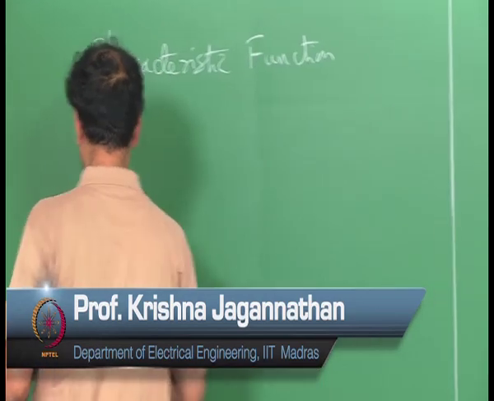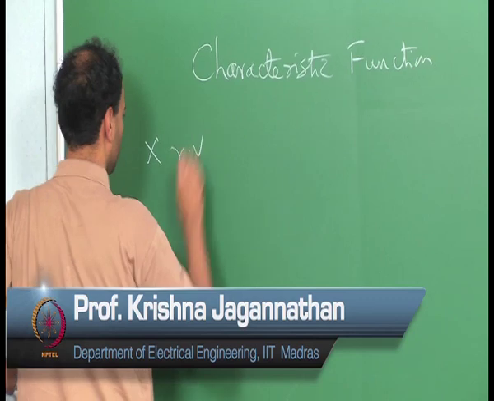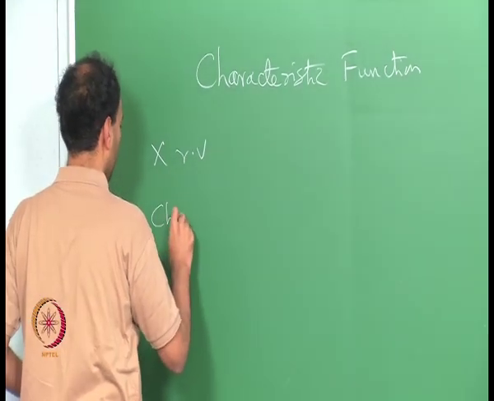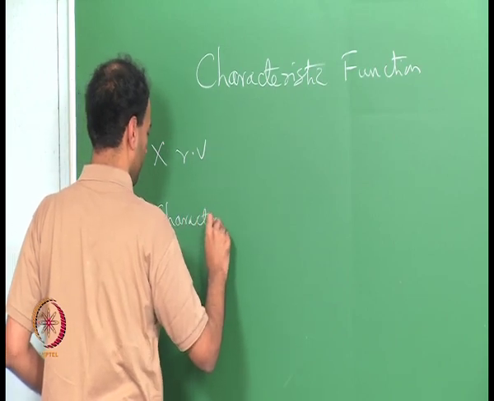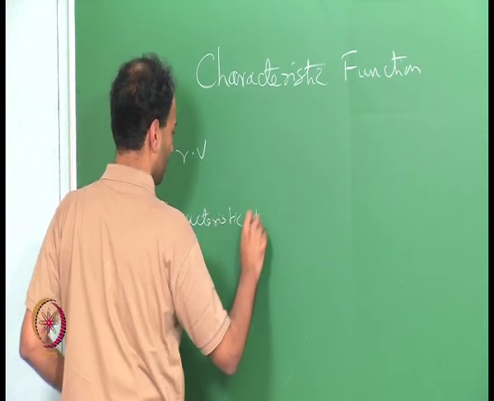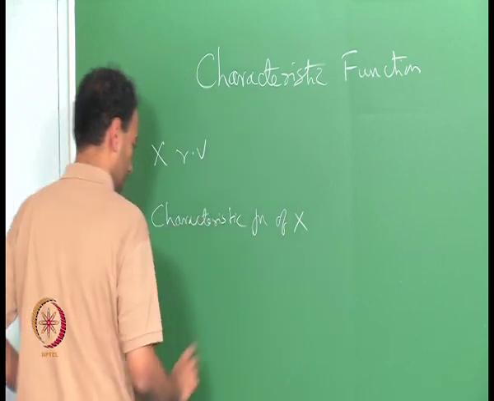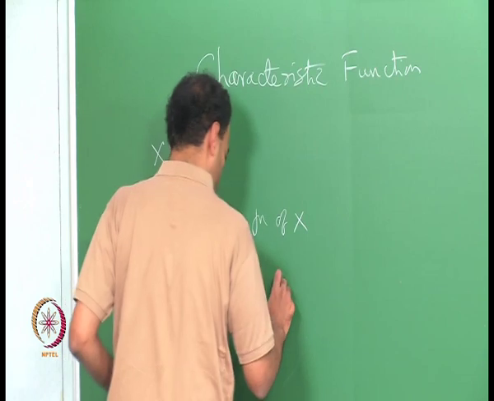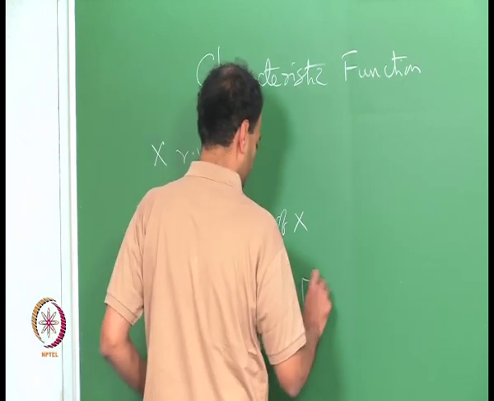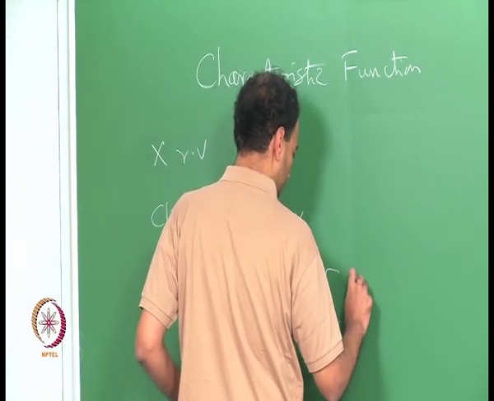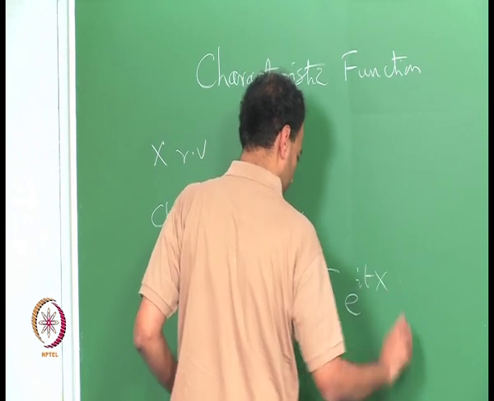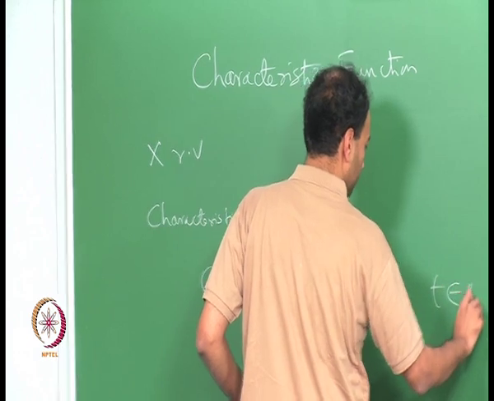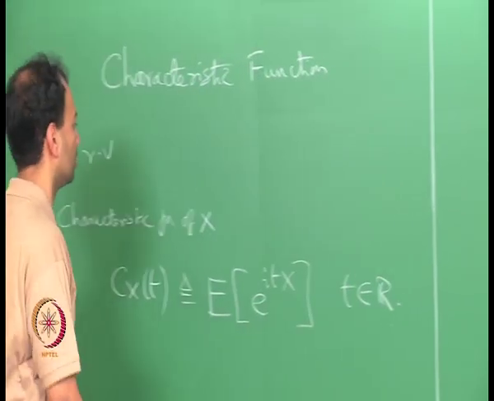So, if X is a random variable, then the characteristic function is defined as follows. C_X of t is defined as the expectation of e^(itX), where t is some real number.